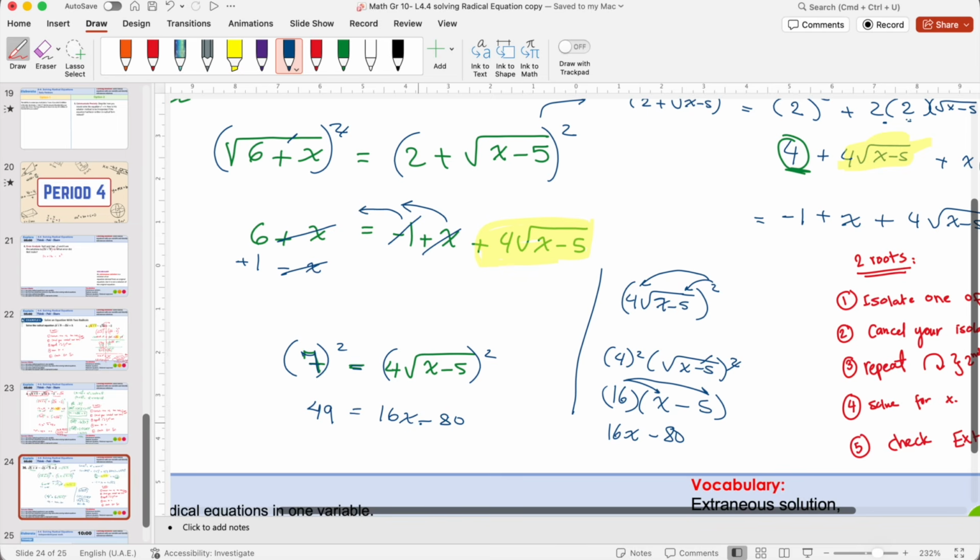Now just solve. This is a one-step equation. No need to use a calculator. Just take the 80 here, positive 80, and that's 129 equals 16x, and then x equals, just divide by 16.